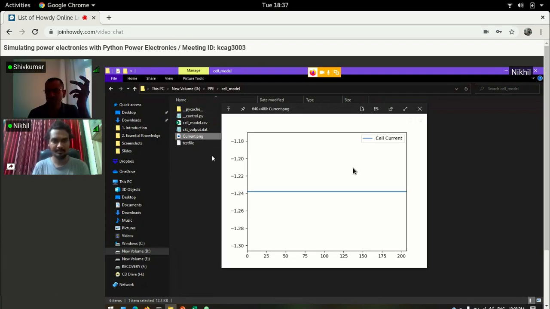Most important is, you see, even with the lowest possible voltage, with a 5 volt input power supply, we have a current of 1.2 amperes, right? Which means that even in the worst case, it will not be drawing current that is more than the rated current. Okay, right? So that's what it means.